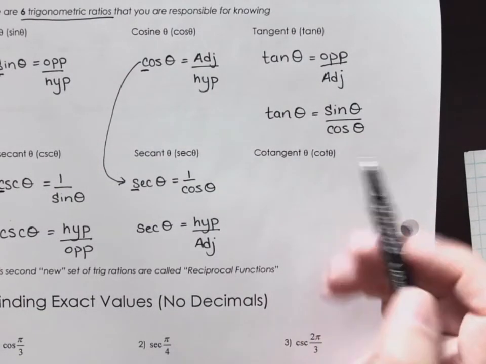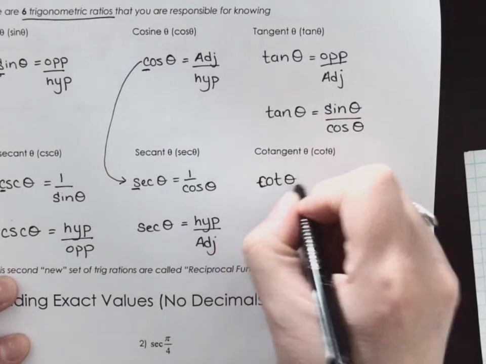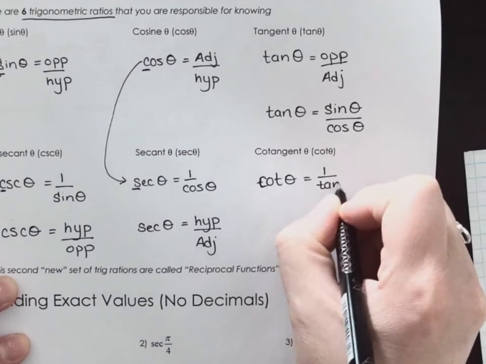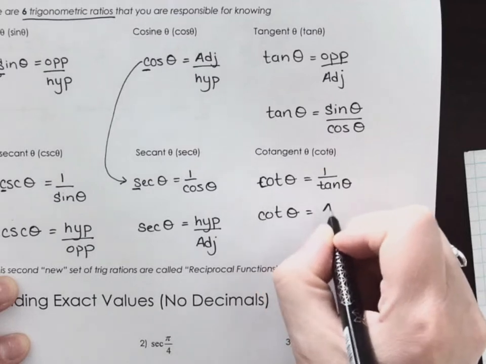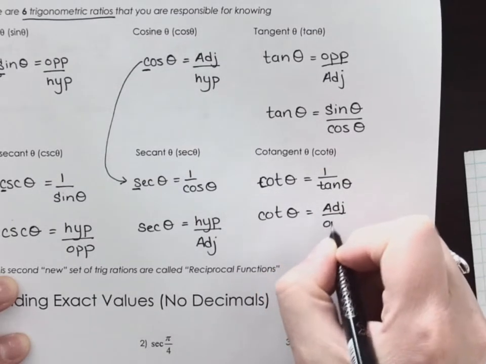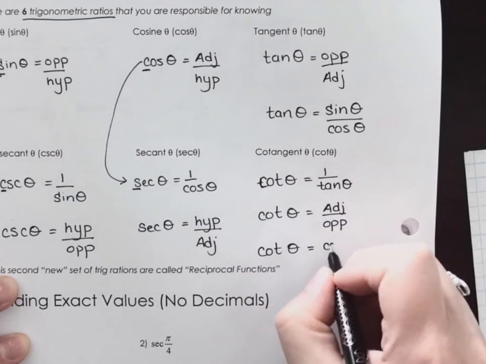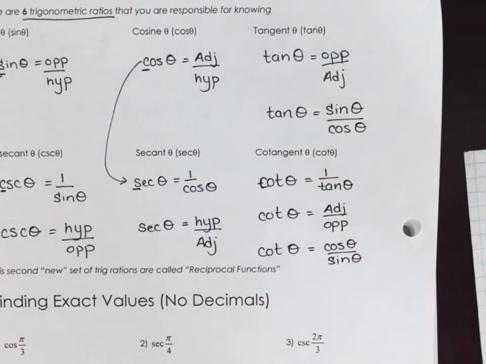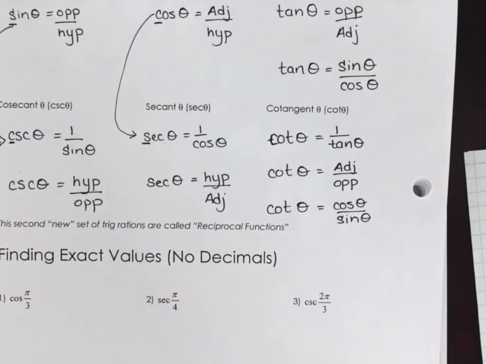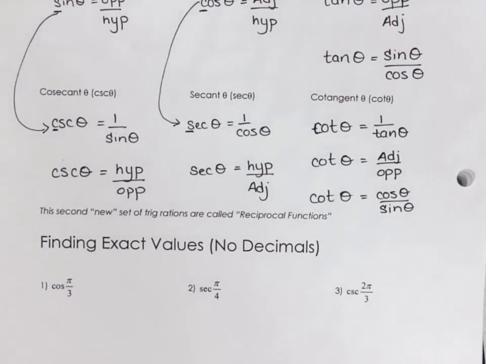Okay, so when we do cotan theta, that's the reciprocal of tangent, which could be written as adjacent over opposite, or it could be written as cos theta over sine theta. So, not terribly earth-shattering new. They're just reciprocal functions to the ones you already knew.